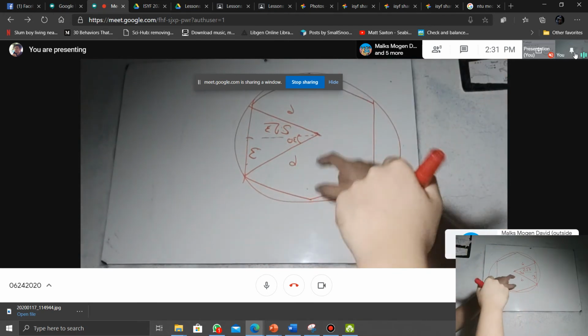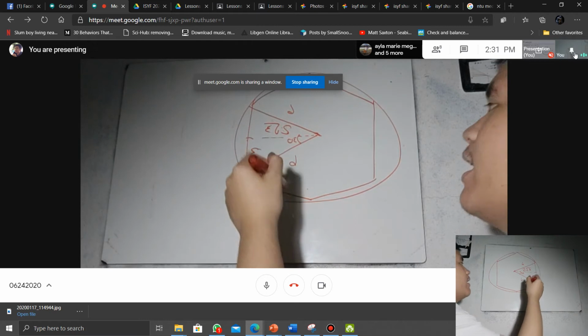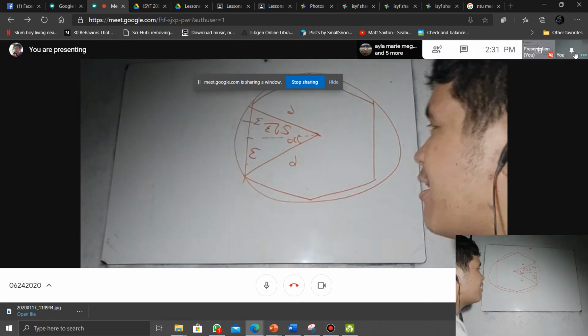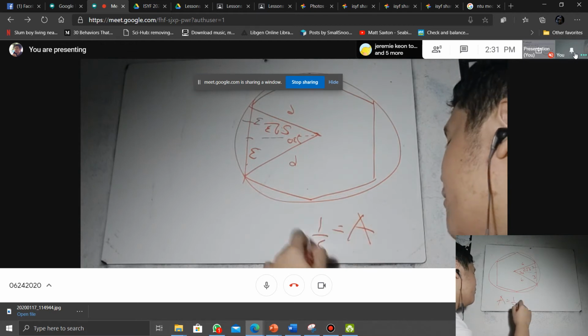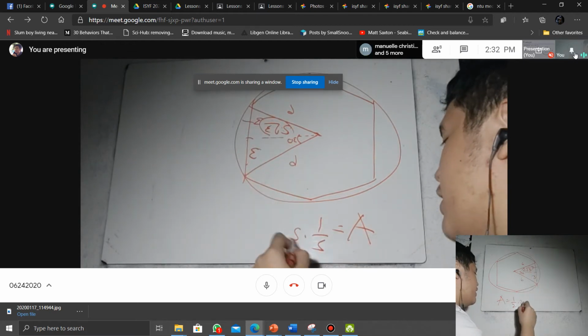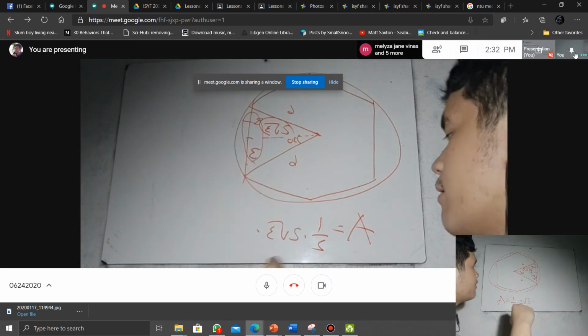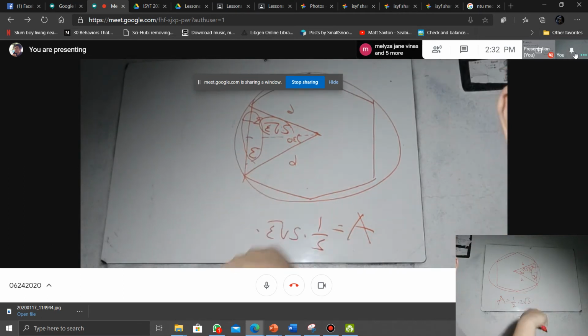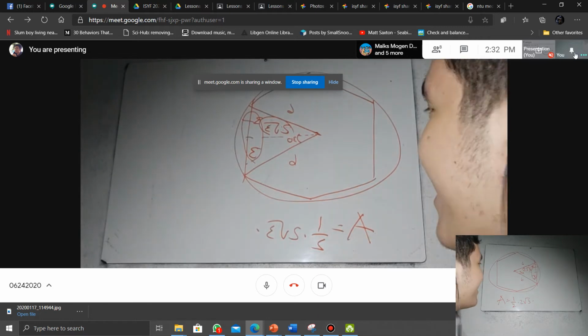Okay. Pero nevertheless, using this method, ayan. Tapos ito rin 3. So we have our required area equals 1/2 times apothem 3 square root of 3.